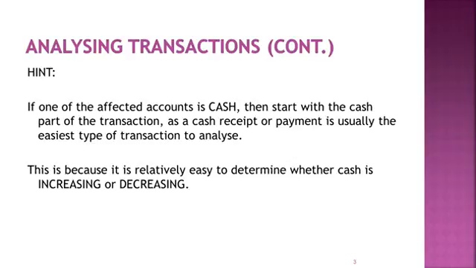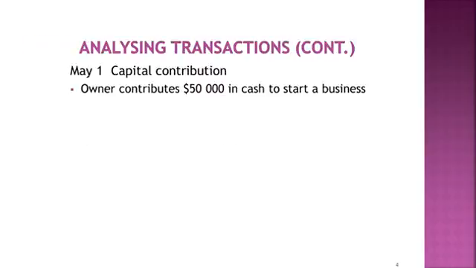So we analyse whether it is a cash receipt or a cash payment, and these are usually the easiest type of transactions to analyse. This is because we all understand, and it's relatively easy to determine whether cash is increasing or decreasing.